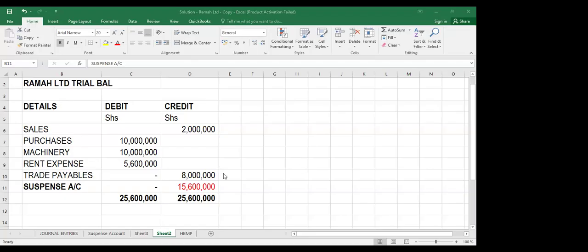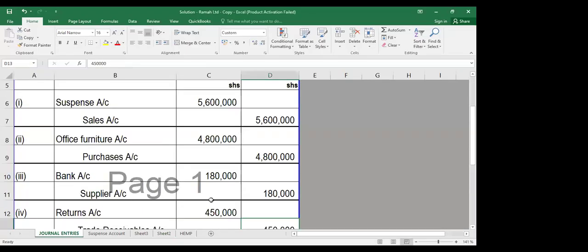So we are correcting the errors. And at the end of the day, when we correct our errors, that's why we are required to prepare a suspense account to determine whether this 15.6 is going to completely go out of that trial balance. So let's look at the suspense account. But before we look at the suspense account, let's look at journal entries.